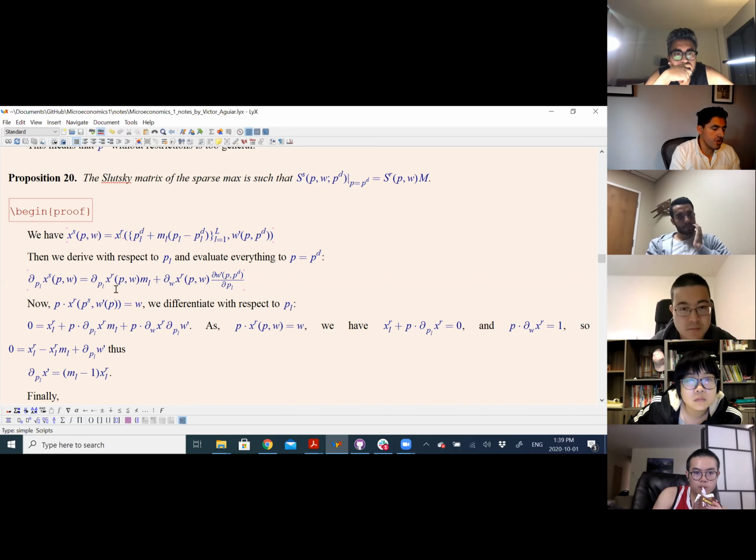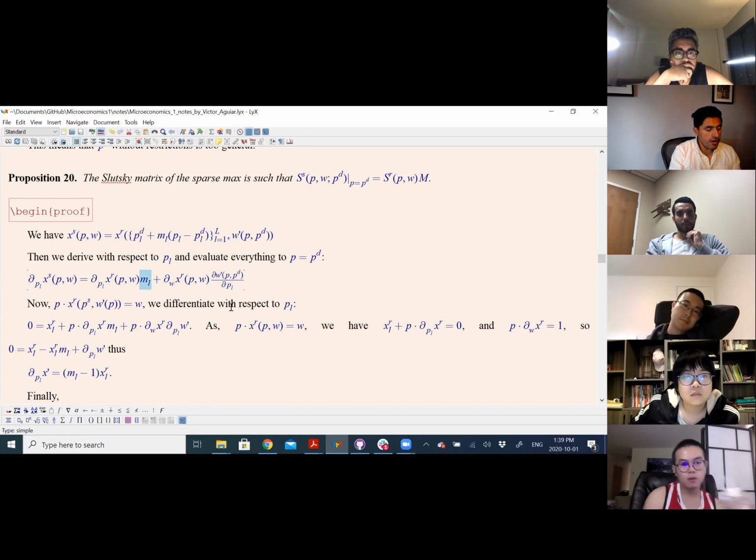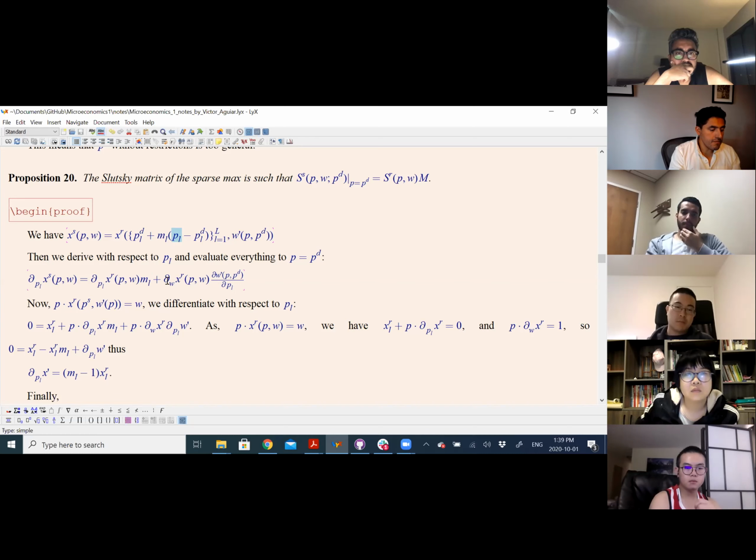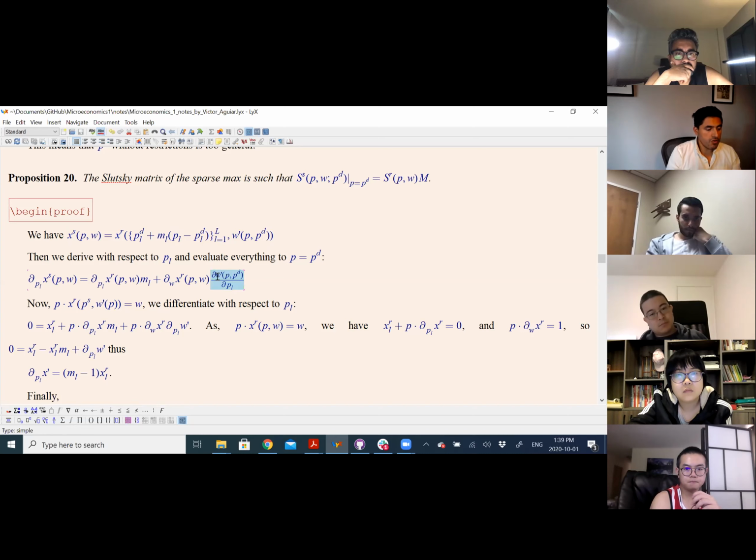So the first argument is going to be the partial with respect to PL of XR with respect to the prices, and by the chain rule this is times ML, because prices here are multiplied by ML. And then prices also enter this part: the partial with respect to the second argument W prime, which I don't know, times the partial of W prime with respect to PL, okay?